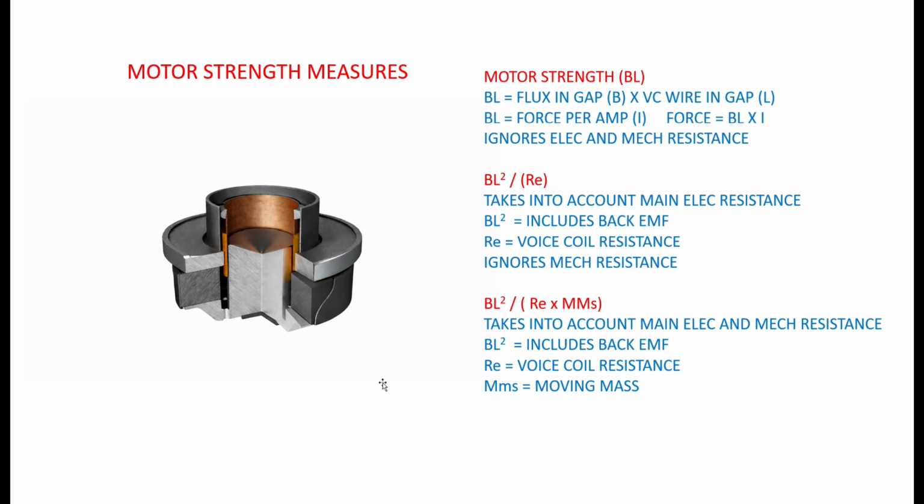That way you're not relying on looking at magnet size or voice coil size or whether I'm using a neo magnet or not. Something as simple as that will take all of the major factors into account and give you a really good apples-to-apples comparison for two speakers. So that is how to determine driver motor strength.